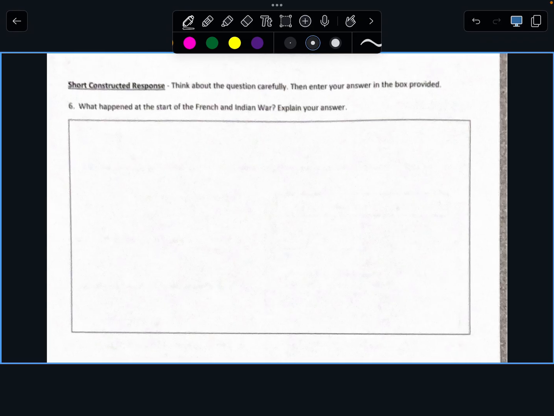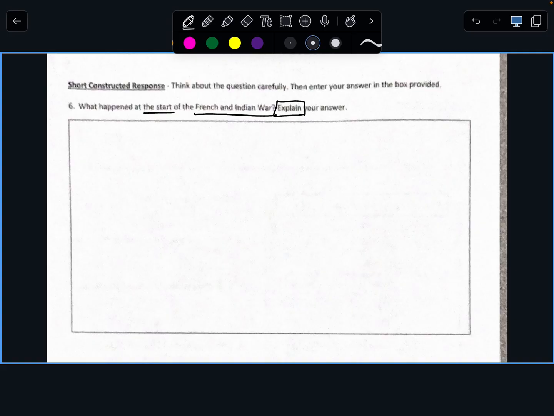What happened at the start of the French and Indian War? Explain. So, what do we know that happened at the start of the French and Indian War? How do we restate this question?